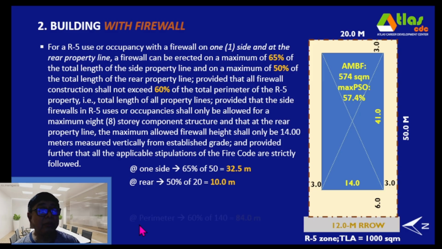Now, if we check the perimeter length, 60% of the perimeter daw ang maximum length, so 140 ang ating perimeter length, 60% of that will give you a maximum total length of the two firewalls at 84 meters. So if we are going to add these two, the side and the rear, that will give you a total length of only 42.5, which is more stringent than this 84 meters requirement.